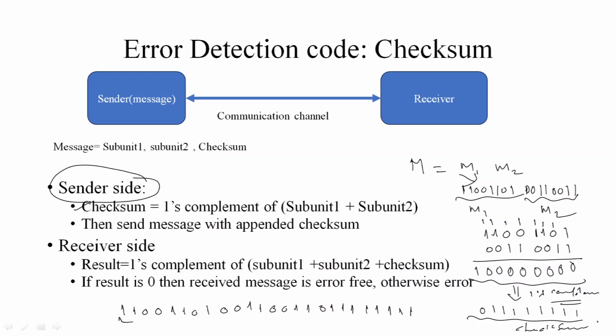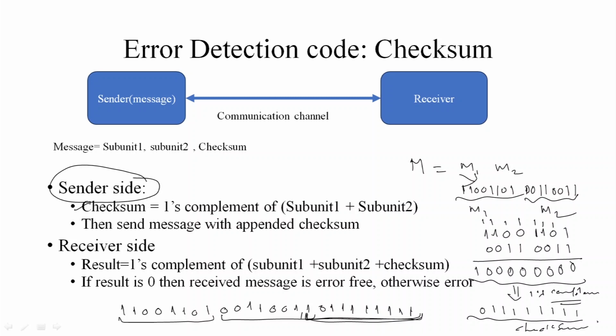So this is chunk one, this is chunk two, and this is the checksum. The sender sends subunit one of the message plus subunit two plus the checksum, appended at the end of the message, to the receiver.